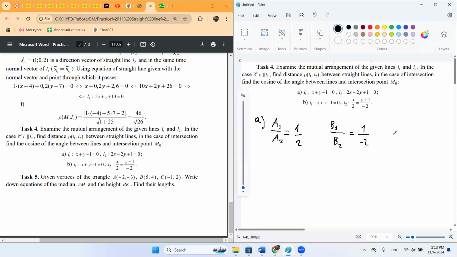So it means that L1 and L2 are not parallel, so they're intersecting. So finding their intersection point.